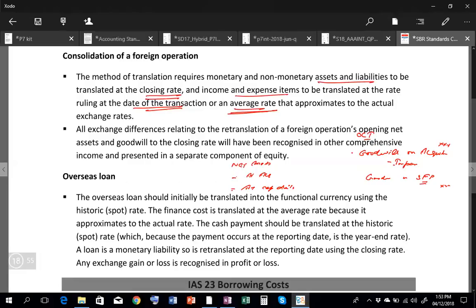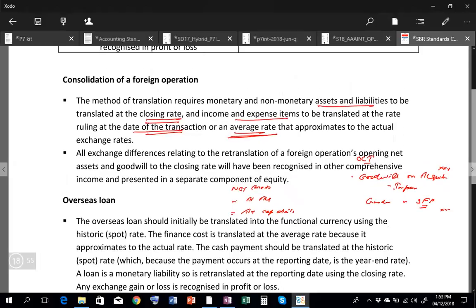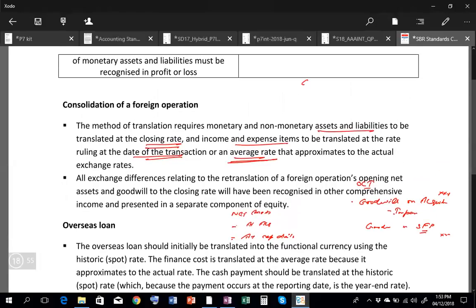So the simplest method to do that is to remember that you are having the goodwill on acquisition. And then you are having the impairment, which is the income statement element. Then you have already calculated the goodwill on reporting date. So you have the foreign currency, such as dirham, then you have the exchange rate, and then you have, for example, the dollars.